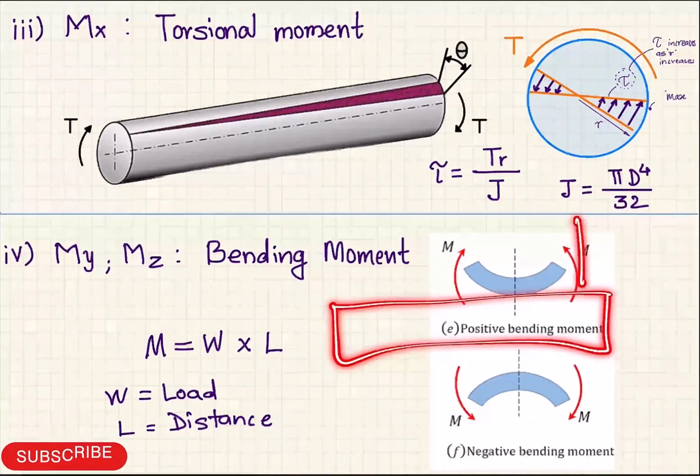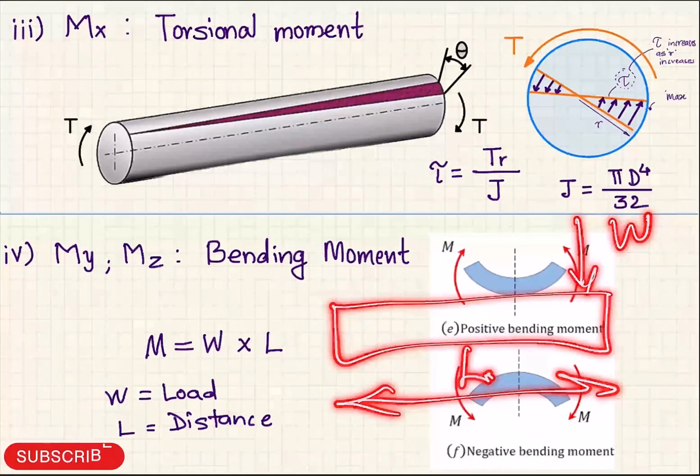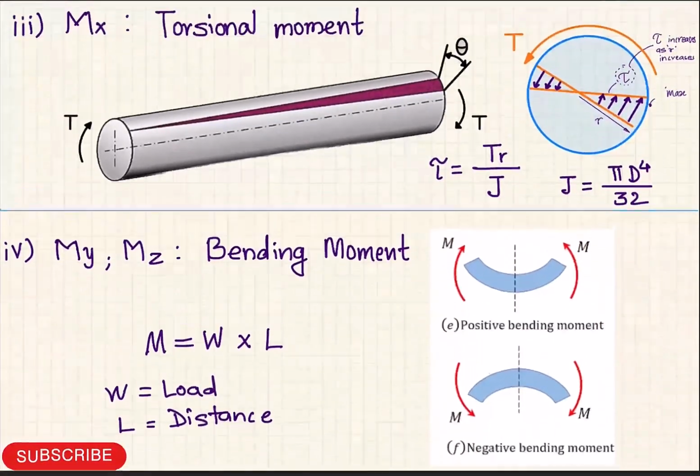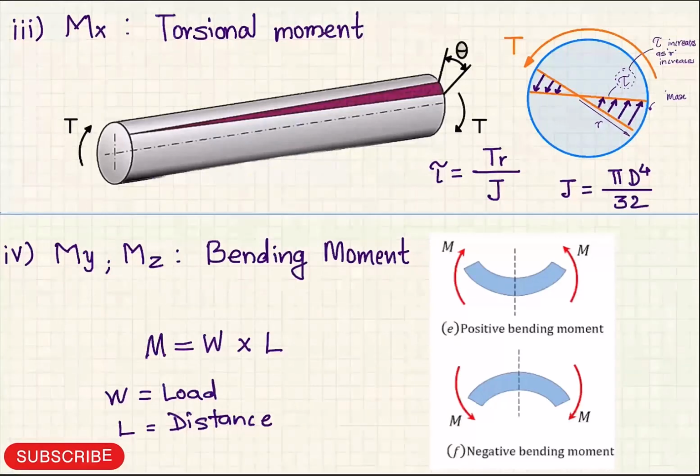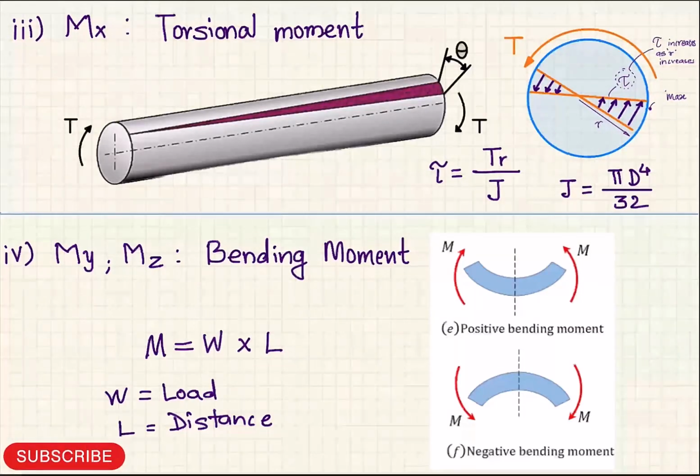The load acting on the body from a particular distance, which has a length from a particular point, is called a bending moment in the body. Bending moment can be positive or negative. In the positive, the specimen forms a concave shape, and in negative bending it forms a convex shape.